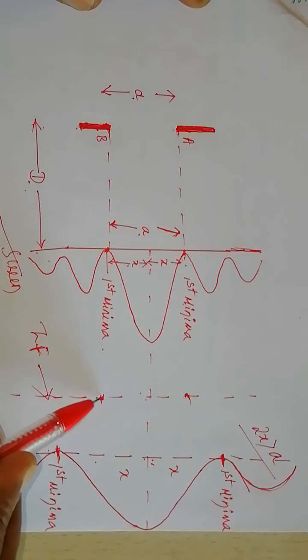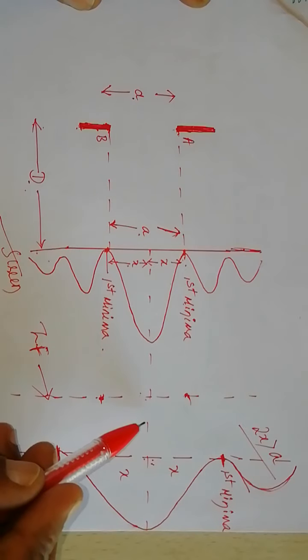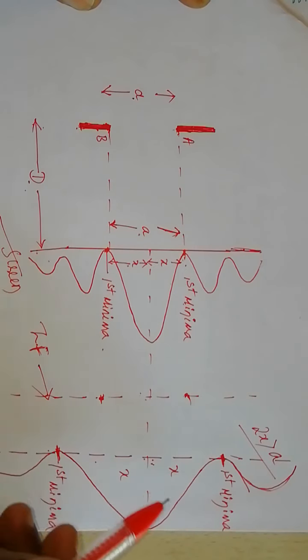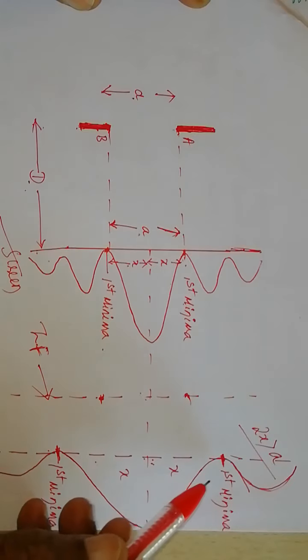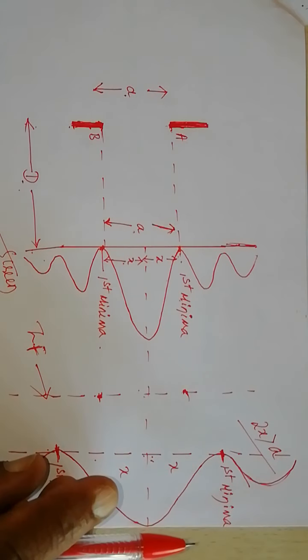So up to this particular distance, no spreading of light takes place due to diffraction. Beyond this, the light spreads out, the width of the central maximum increases.